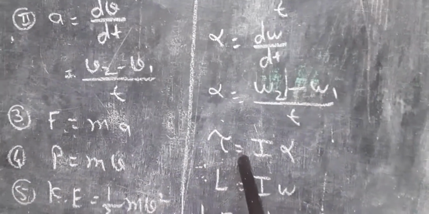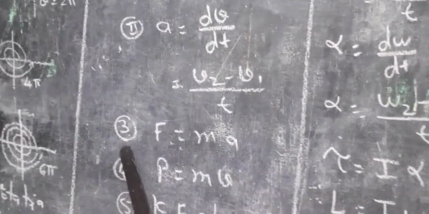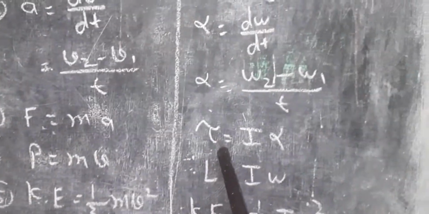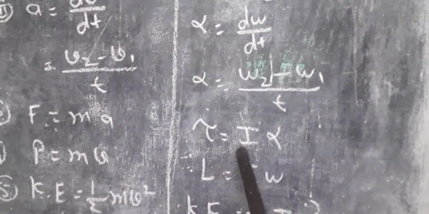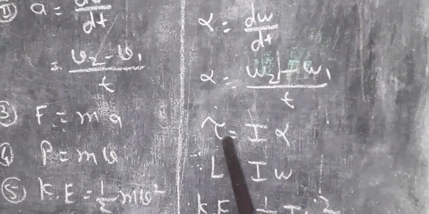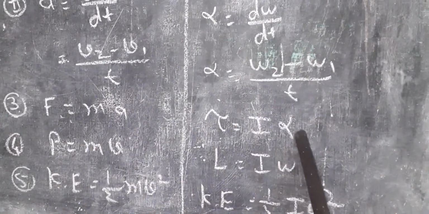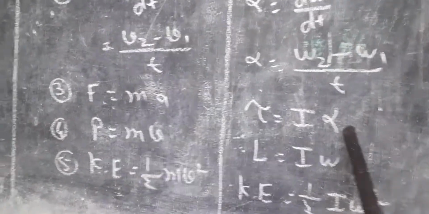If force does not exist, motion does not exist. Similarly, if torque does not exist, rotation does not exist. So F is equal to m into a, and we have seen the relation torque is equal to I into alpha, where I indicates moment of inertia and alpha indicates angular acceleration.